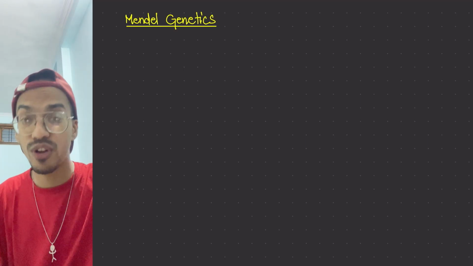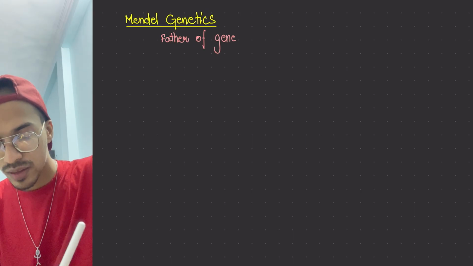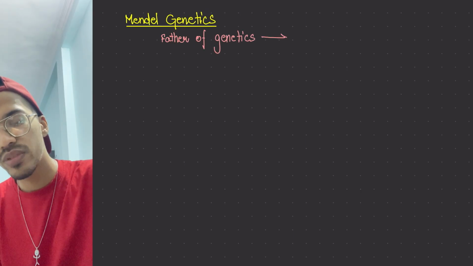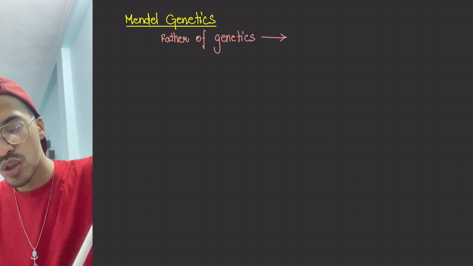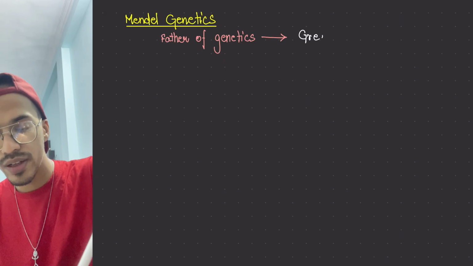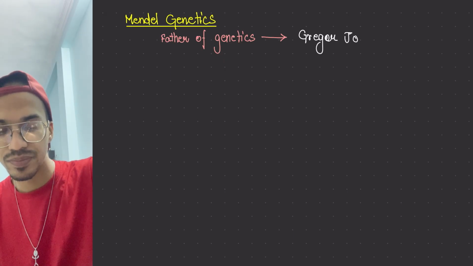In Mendel genetics, we have to remember that he is considered the father of genetics, because he did all this first work. This title of father of genetics is given to Gregor John Mendel.